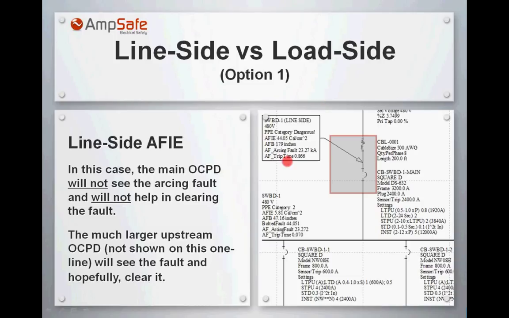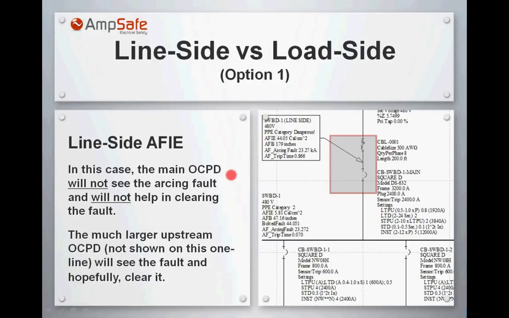Now, here is a typical area where you could have an arc flash, and that's in the incoming section again. If you calculate the arc flash on this line side, you could have, for example, 44 calories per centimeter squared, and that could create a very dangerous situation.